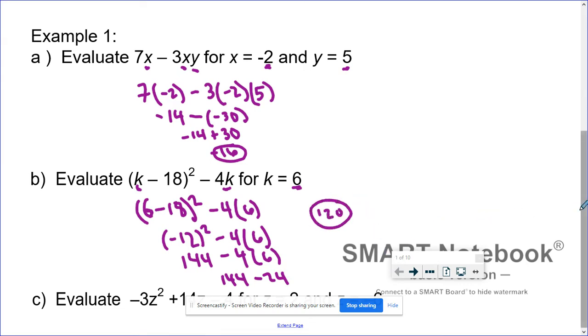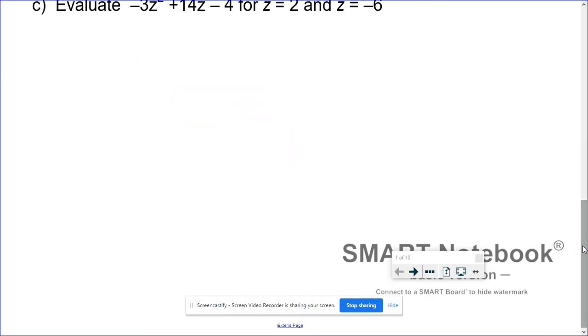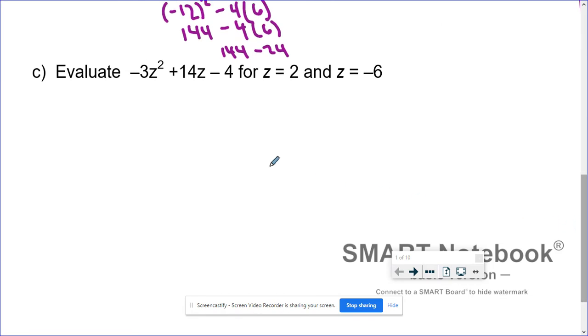All right. This is actually two separate questions. We're going to do z equals 2, substitute z for 2 first, and then we'll substitute -6 in as a separate question. So for z equals 2, you're going to have -3 times 2 squared plus 14 times 2 minus 4.